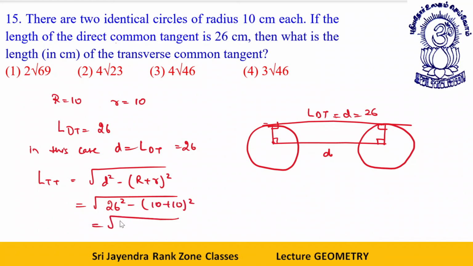That is 676 minus 400. That will give you root 276, or you can say this is 4 into 69. 280 is 4 into 70, so that gives you 2 root 69, and I'm sure all this must be clear to all of you.